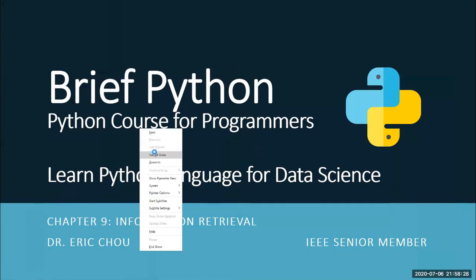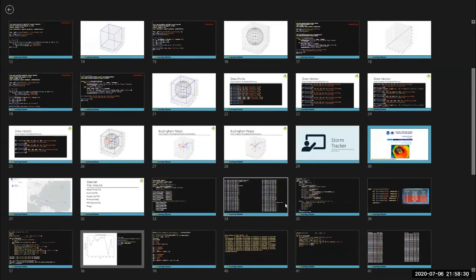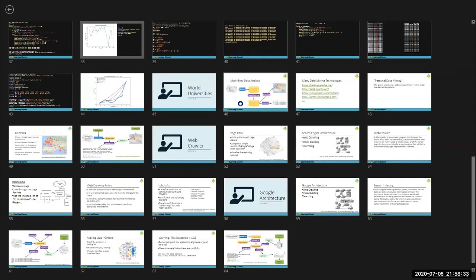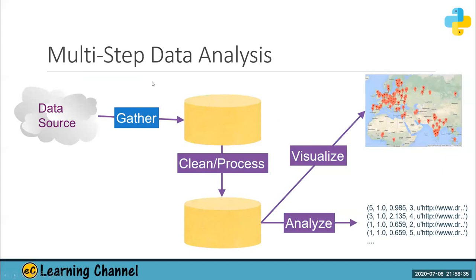The next one is this World University. I do not use the code here. Basically this is showing you that if I want to see all the universities in the world, I get the data, clean the data, visualize it, and analyze it.